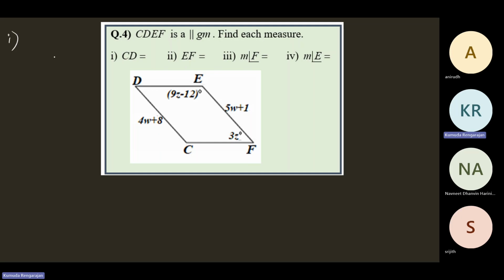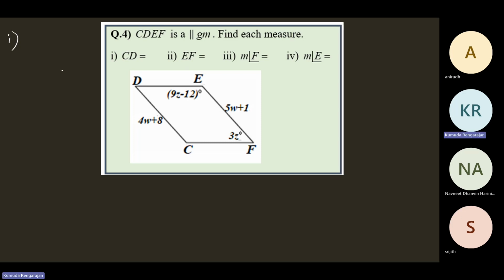Does anyone have anything to share with respect to this answer? No, ma'am. Ma'am, 8W. Doubt only, ma'am.